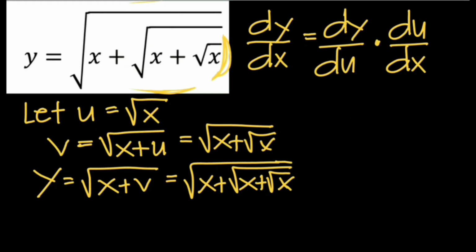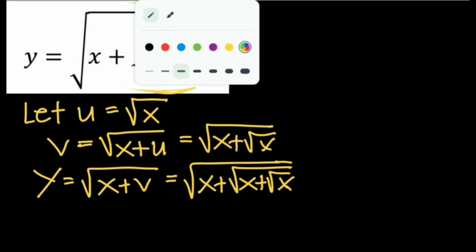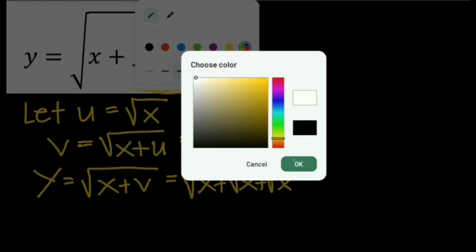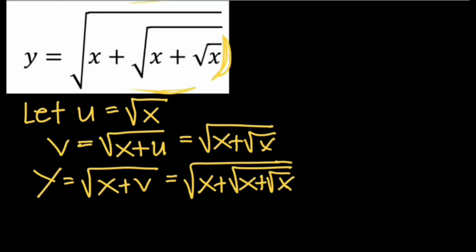We need to differentiate the outermost function first. The outermost function is the whole thing, the square root of x plus square root of x plus square root of x. We already let y equal the square root of x plus v. So we can differentiate y with respect to x.